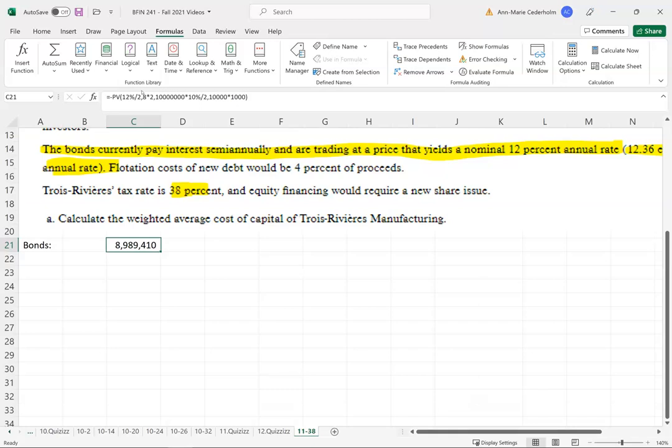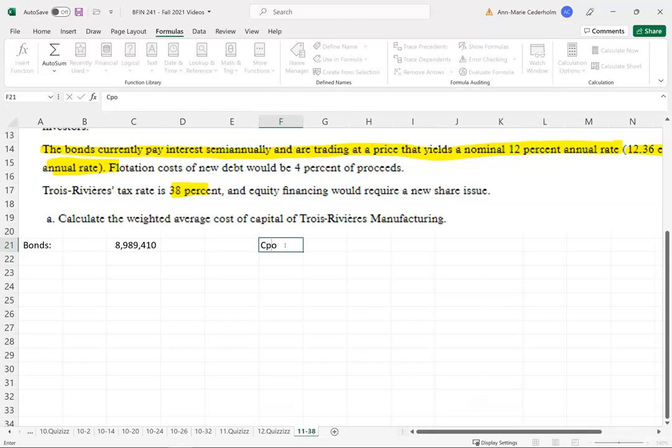So now that we have the value of the bond, we can go ahead and figure out the cost. So the cost is what we're going to use in order to put into our table for weighted average cost of capital. So I'm going to use this formula to calculate it.